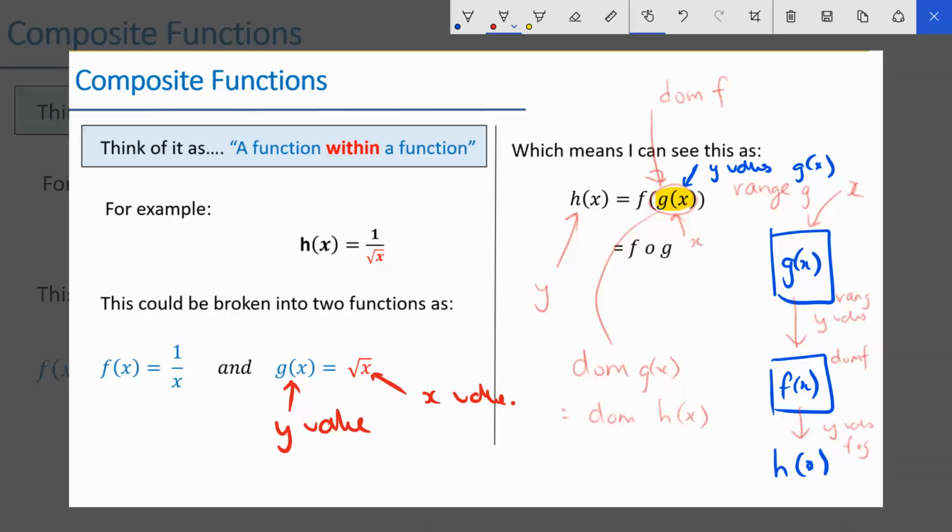For f of g of x, why does g of x have to have that rule of the range of g being a subset of or equal to the domain of f? Why is that a thing?